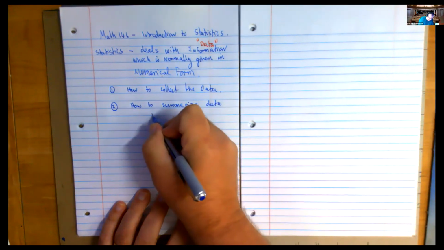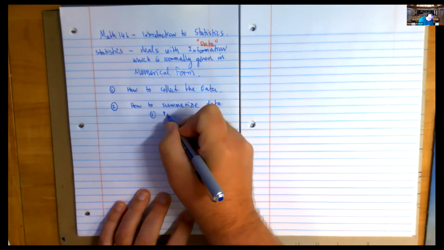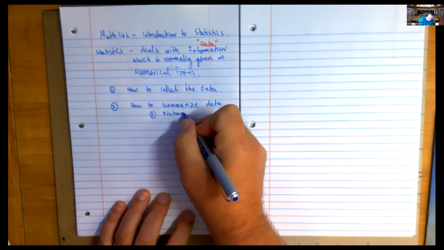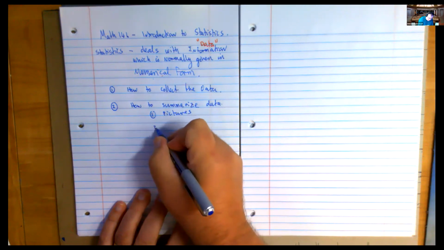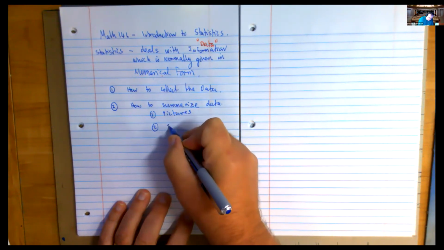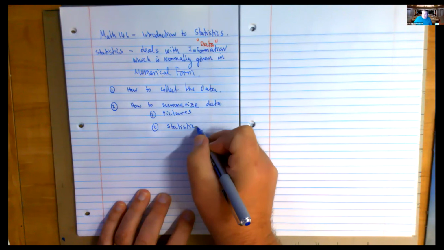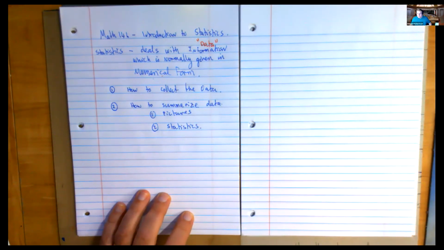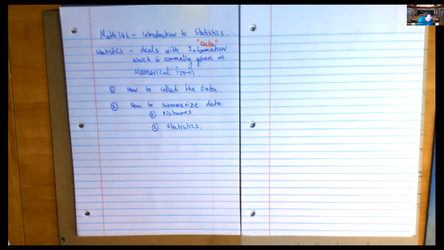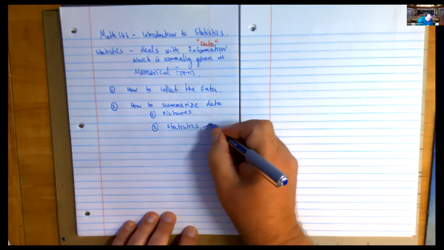Summarizing involves sometimes drawing pictures or using pictures to show you what the data looks like. Sometimes it involves using what are called statistics. Statistics, where the name statistics comes from, you probably have met some of these.